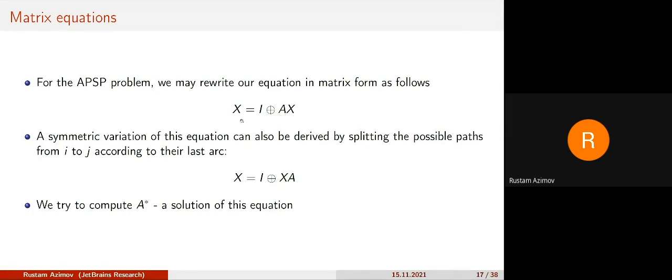But we can also use a symmetric variation of this equation, where we split paths using the last arc of the path. And we want to compute the solution of these equations, and the closure of matrix A is a solution.